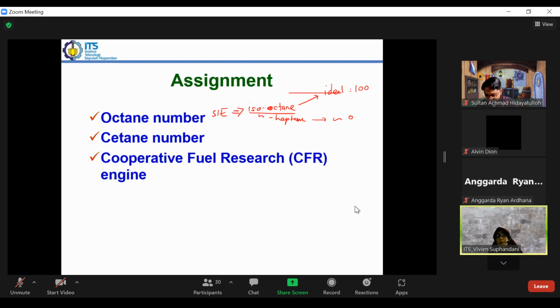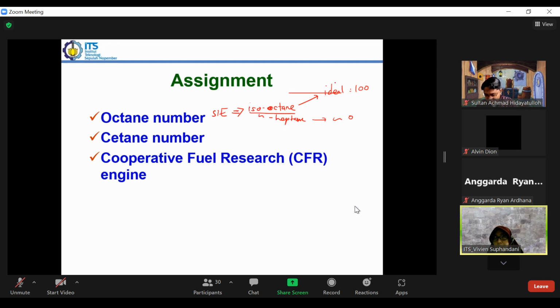All right. Okay. So we will see the explanation of octane number, and also, as mentioned before, what we can do to increase the octane number is by giving additives.